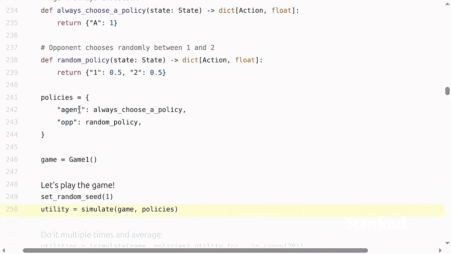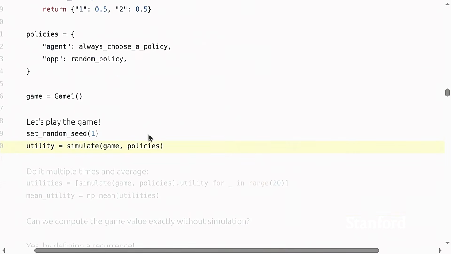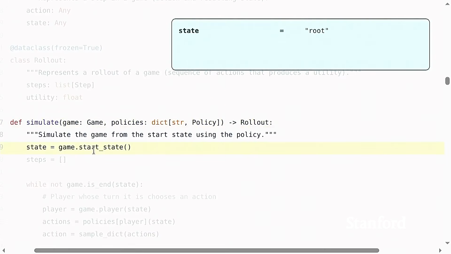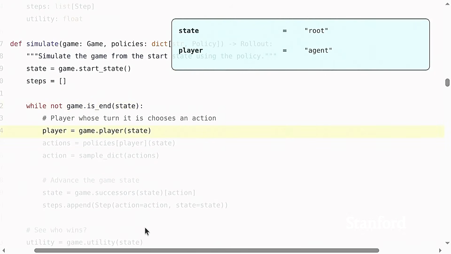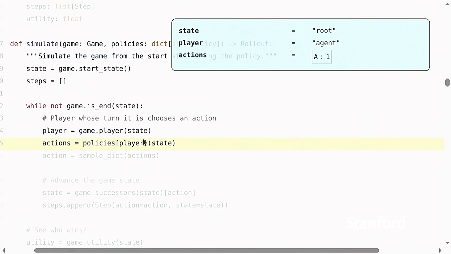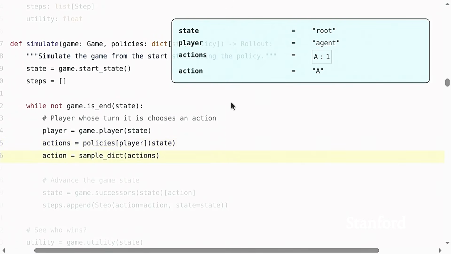So gameplay is going to be given by the simulate function, which is very similar to what we've seen in search problems as well as for MDPs. You start with a start state, and then while the game is not over, you see whose turn it is, then you get the policy of that player, you pass in the state, and you get a distribution over actions, and then you sample an action given that distribution.